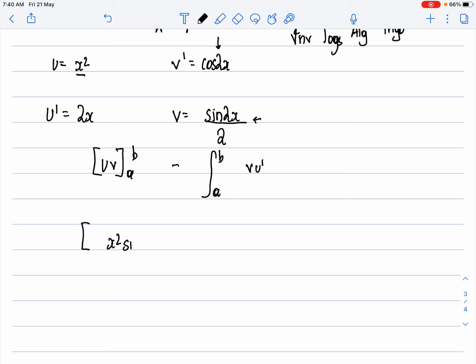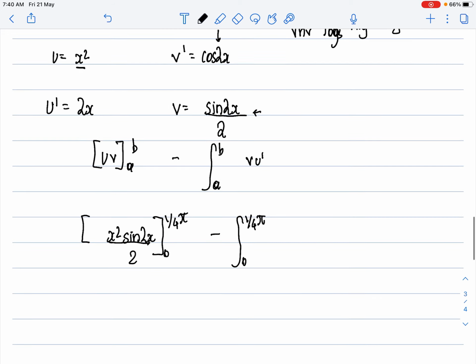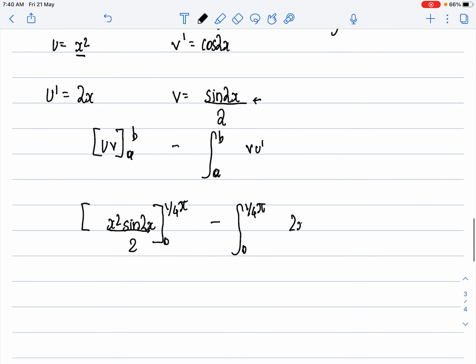So x square sine 2x over 2 with the limits 0 and 1 upon 4 pi, minus 0 to 1 upon 4 pi with vu dash, which is simply 2x into sine 2x over 2 dx. So I can cancel the 2 here.